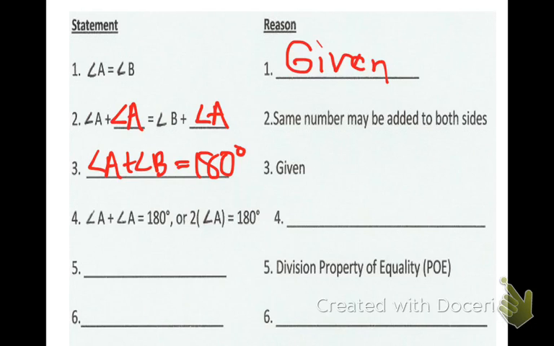How do I know that angle A plus angle A equals 180? It's substitution. I'm replacing A plus B with A plus A from step 2. I can do that from step 2. So it's substitution.